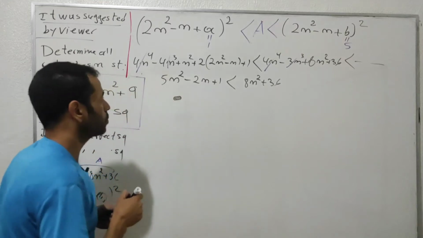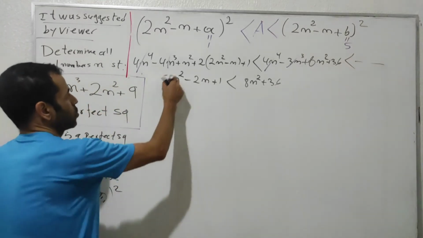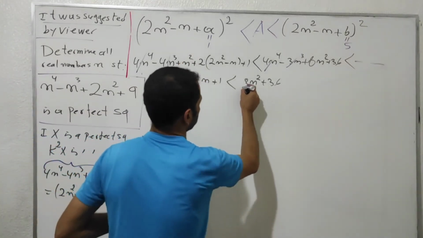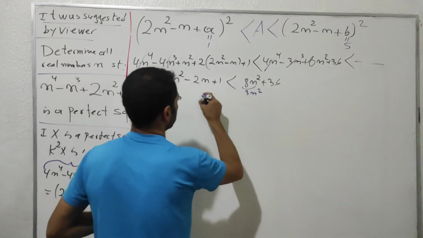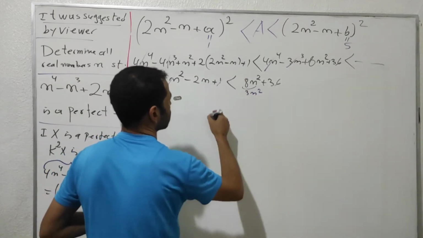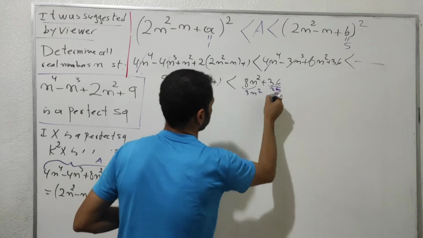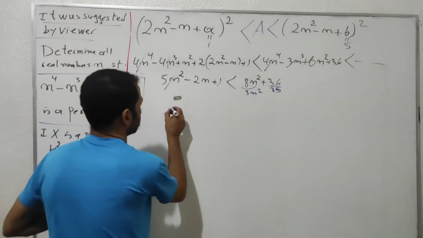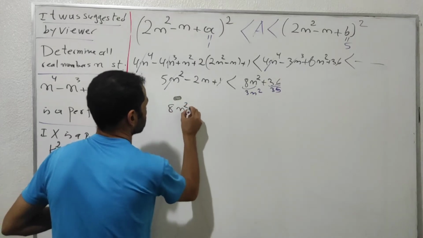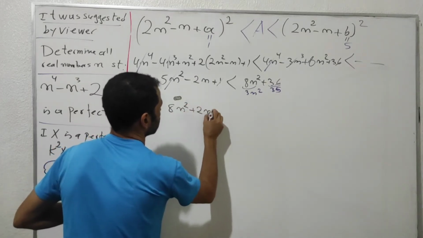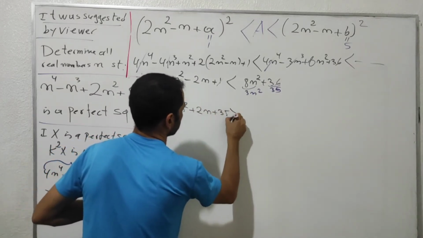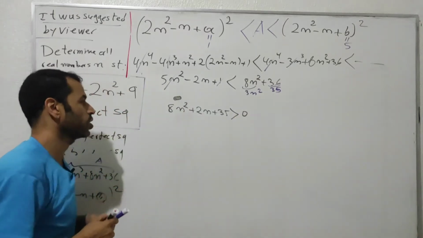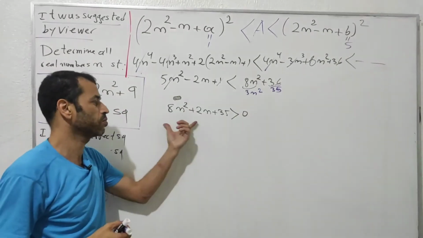Okay, so this 5n squared will be cancelled down to the 3n squared. This 1 will be cancelled out down to the 35. By taking all the numbers to one side, I get here 8n squared plus 2n plus 35 is strictly superior to 0. So the only thing left for this inequality is to check this one is bigger than 0.